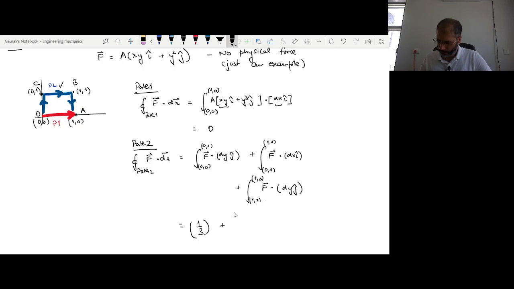Next is F dot dx. So we have xy dx, so we have x dx integrated, that becomes x squared by 2 times y. Now for the second line, y is equal to 1, so there is no contribution from that, and we have 1 upon 2. And the last one is F dot dy, that becomes again y cubed by 3 from 1 to 0, so that becomes minus 1 by 3.